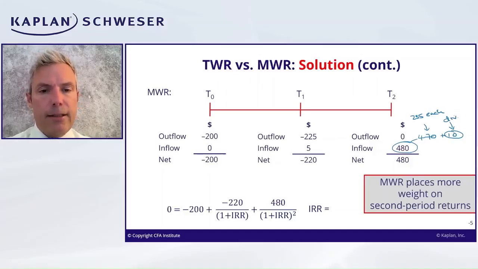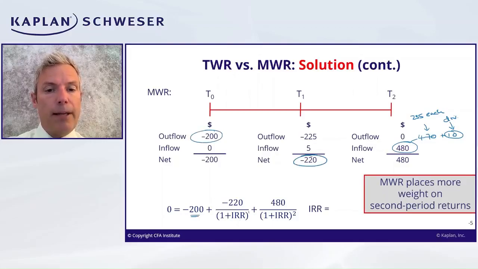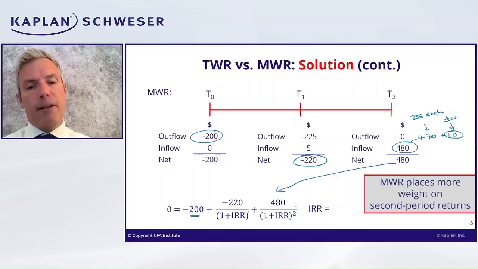Now the slides say that the IRR sets this calculation to 0. And so 200 out, make sure you respect the signs. 200 out today, and then 220 out at time 1, discounted back to today by 1 period, and then 480 in, discounted back to today by 2 periods. If you solve the IRR here, you're going to get 9.39%.